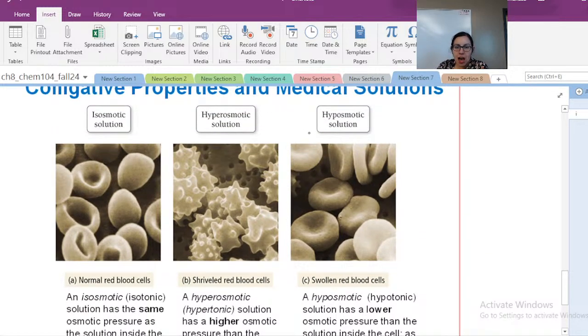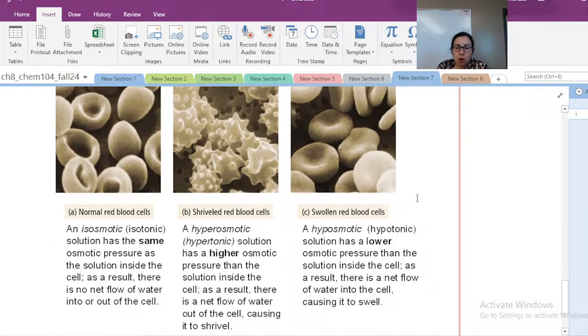And then we have a hypoosmotic, hypo being lower, or hypotonic. Your solution has a lower osmotic pressure than the solution in the cell, so fewer ions. That means the water is going to flow into the cell to try to equilibrate.